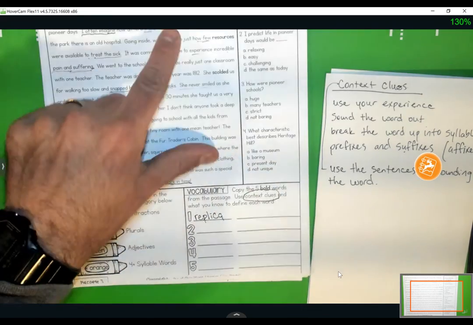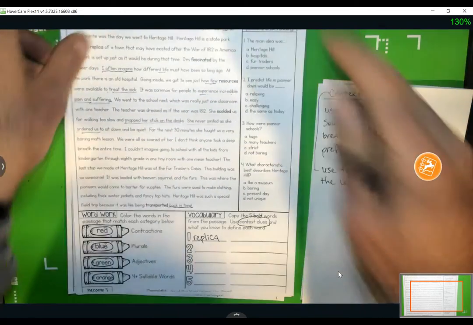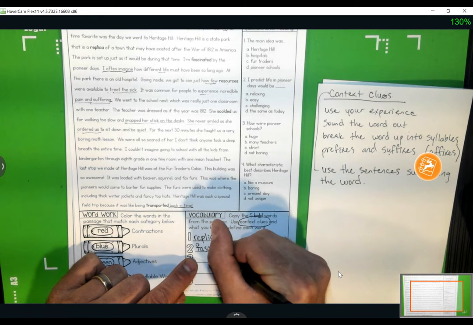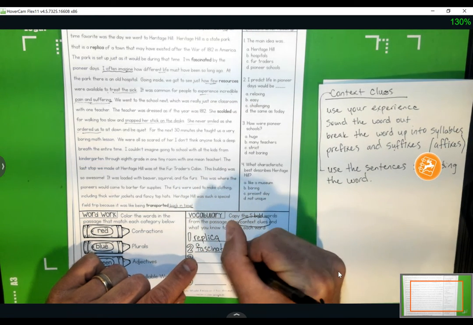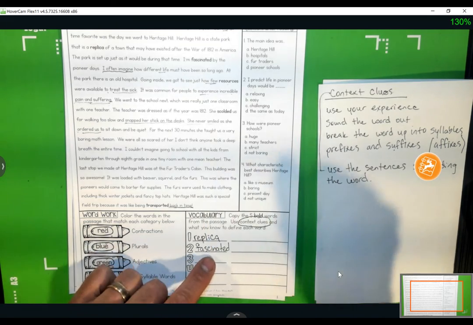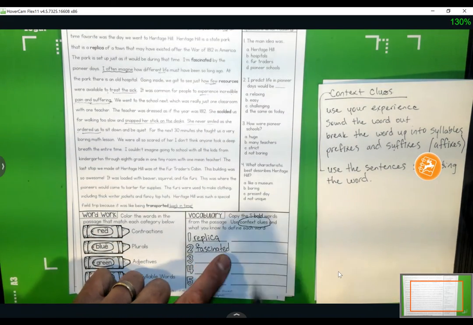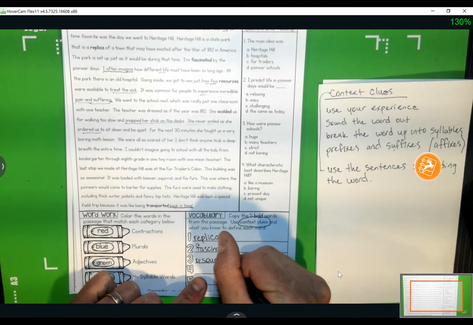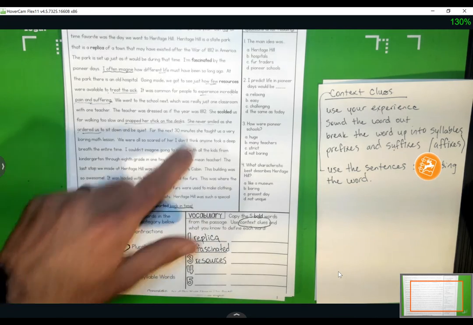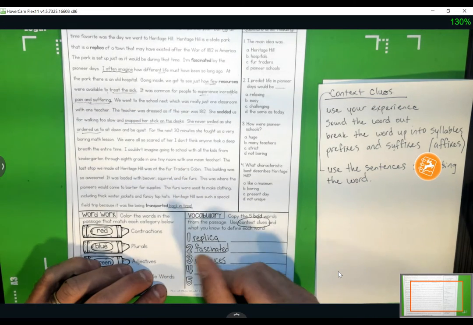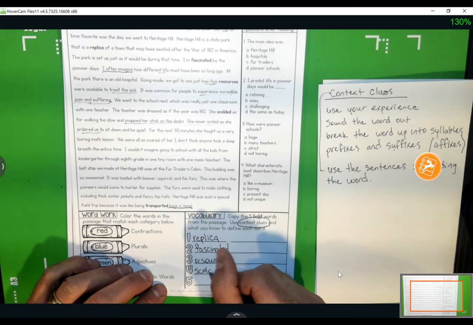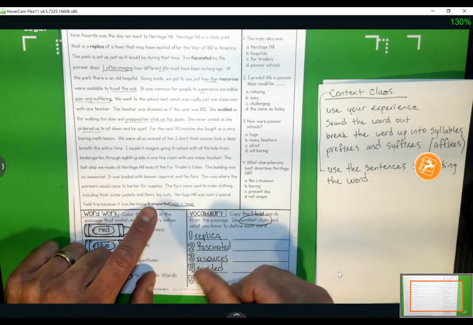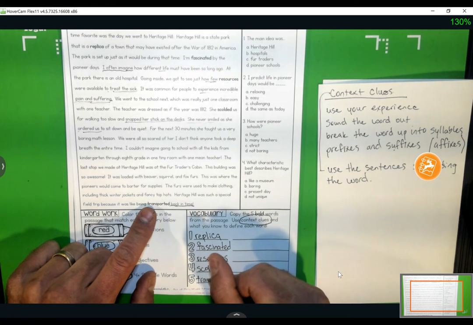We have the word fascinated. We have resources. We have scolded. And we have our last word, transported.